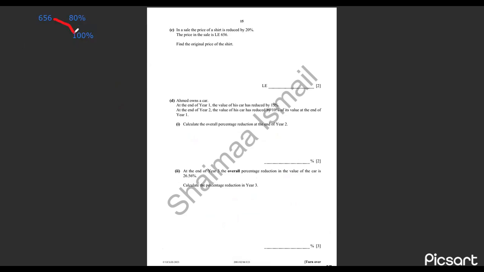We say 656 multiplied by 100%, which is 1, divided by 0.8 or 80%. So here it gave us 820 as a final answer. Again, we just say 656 divided by 0.8, which is 80%, and multiplied by 100, it's 1 already, so no need to write.